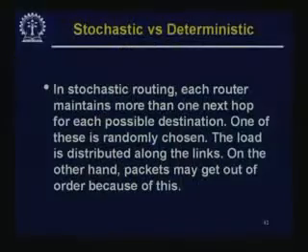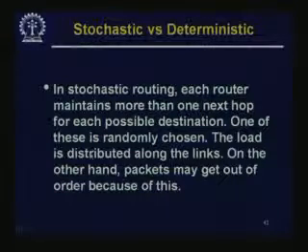The routing may be stochastic versus deterministic. In stochastic routing, each router maintains more than one next hop for each possible destination. One of these is randomly chosen. The idea is to distribute the load evenly along the links.